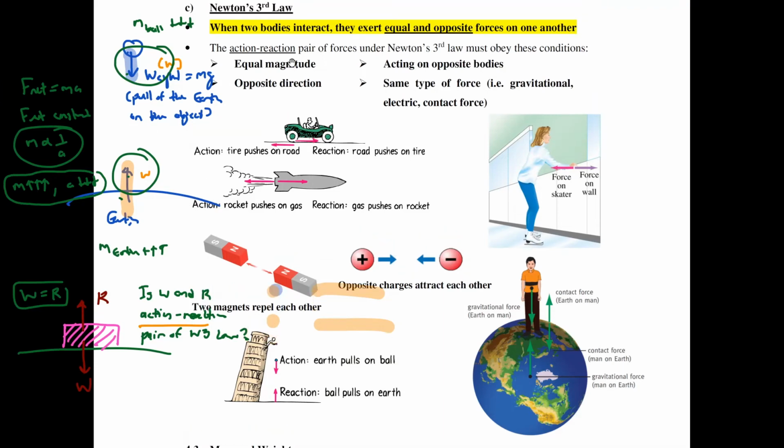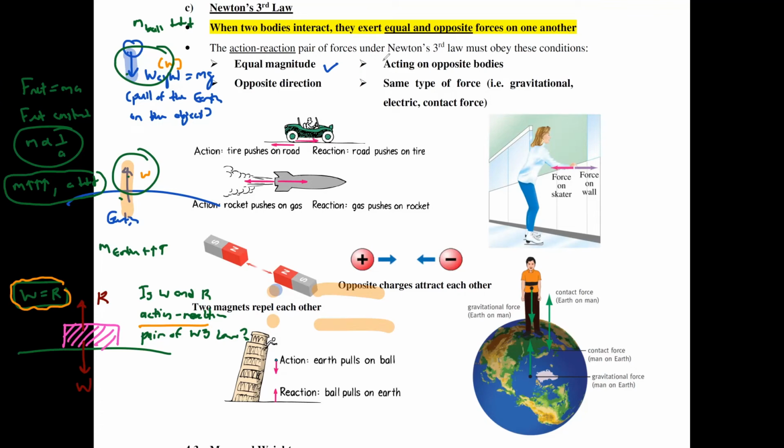So let's go through this one by one. Can I say that they're equal in magnitude? Yes, they're not moving. If they're not moving, that means W equals R. I can say that they are equal in magnitude, but are they opposite in direction?